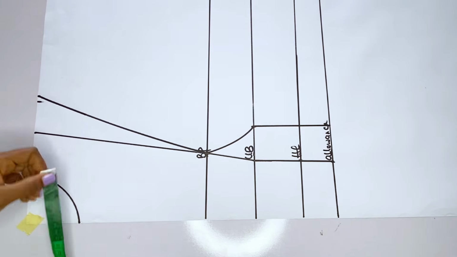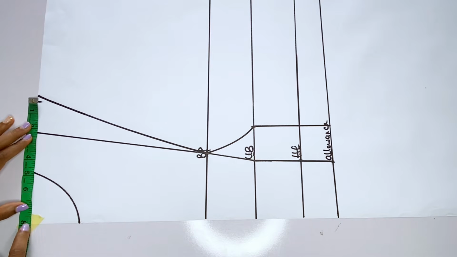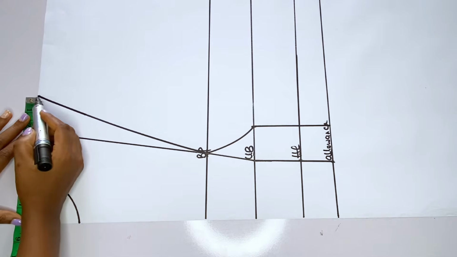The next thing that we are going to do is to remark our shoulder measurement. Remember, our shoulder measurement is 8, and I took out 2.5 for our dart. The initial shoulder measurement was 8.